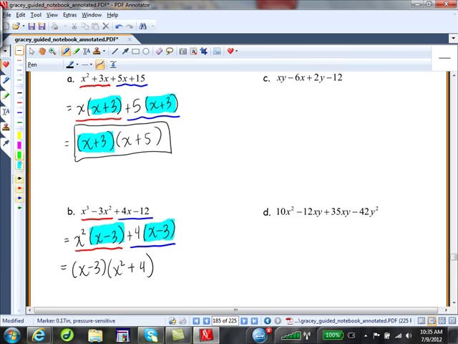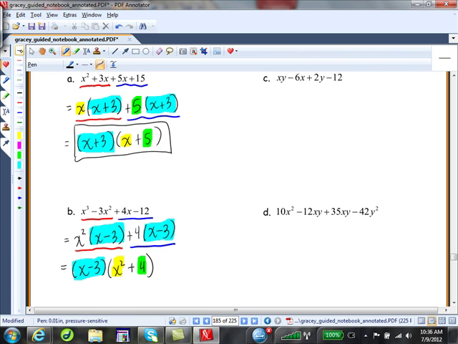So this is what we factored out, and then the remaining are like your b plus c from before. You see that? If you need to, I'll highlight. So in the previous problem the b was the x, and the c was the 5. In this case, the b was the x squared, and the c was the 4.